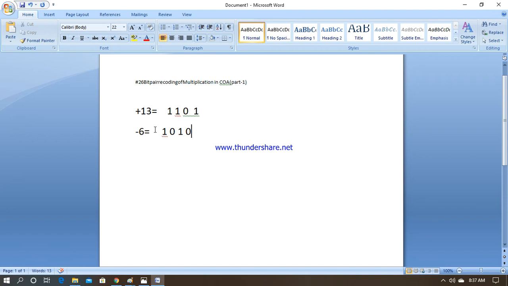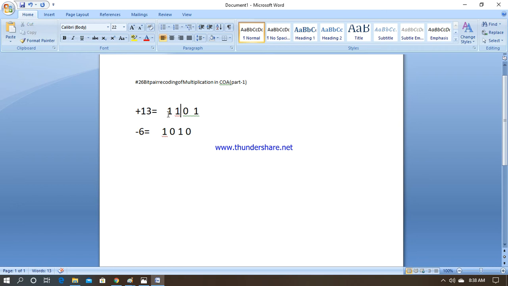First we have to normalize and equalize the digits for the table, so you add 1 bit and write 0110 like that. Then minus 6 means you find plus 6, take the 1's complement, then add 1. At last you get the minus 6 value, which comes as 1010.